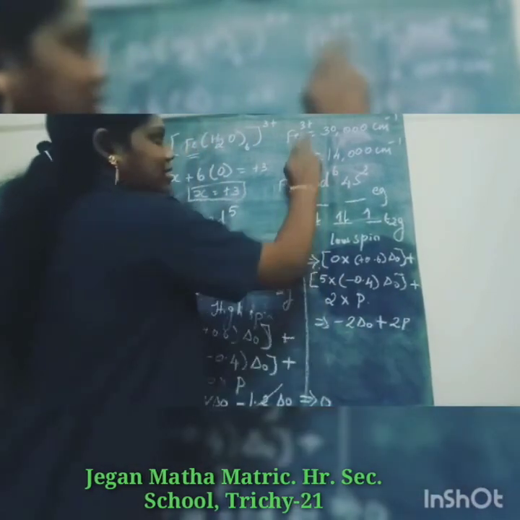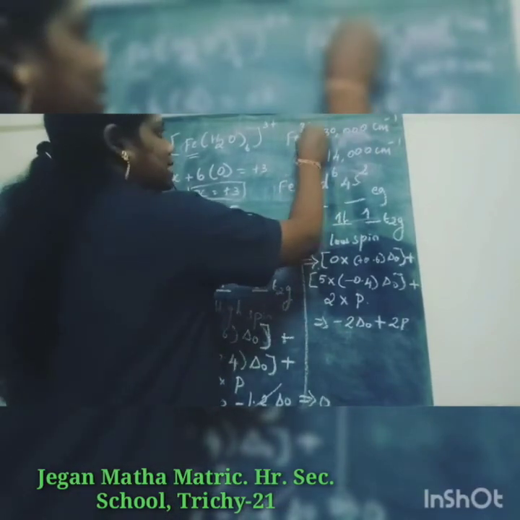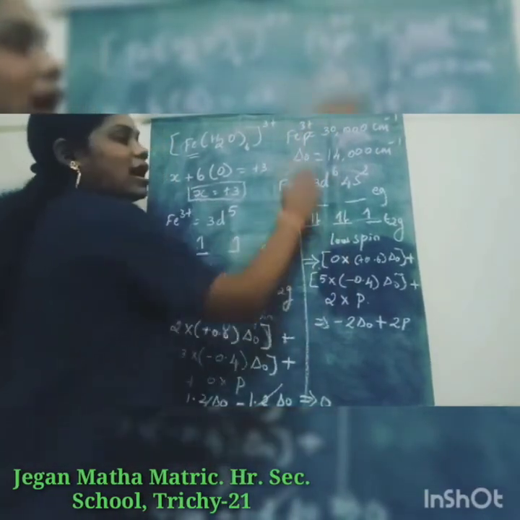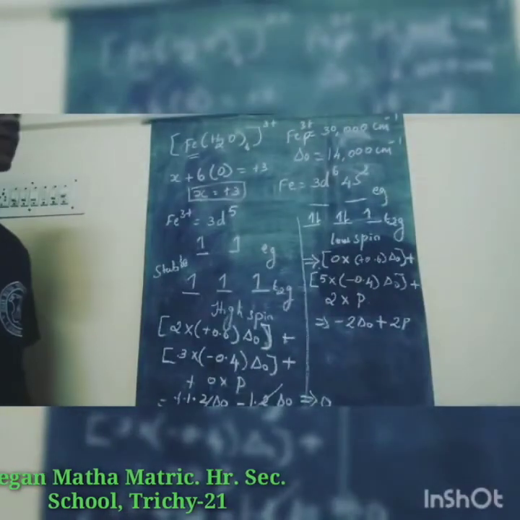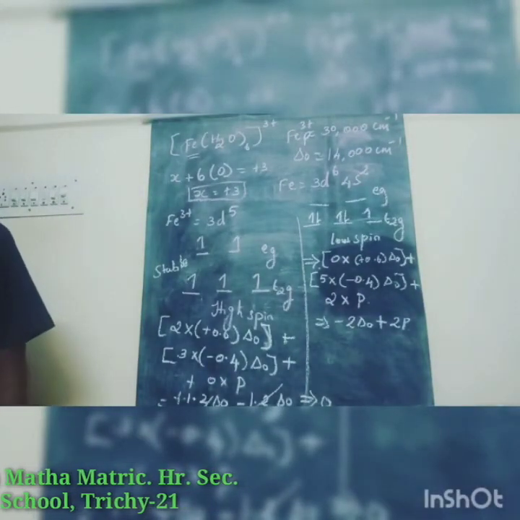Here the pairing energy value is given, that is 30,000 per centimeter. This is the P value, and the Δ octahedral value is also given, that is 14,000 per centimeter. So apply these values here.